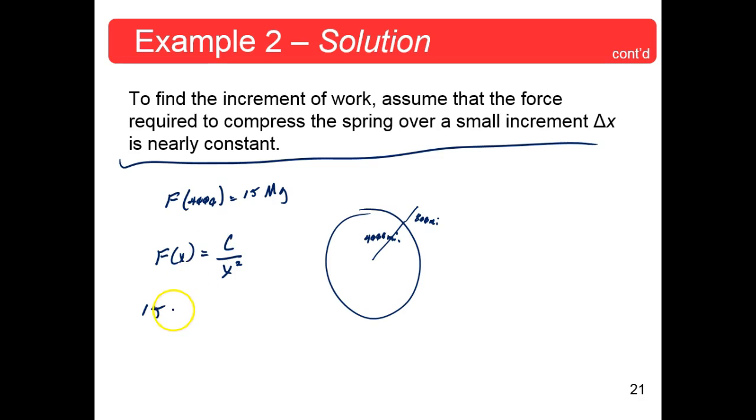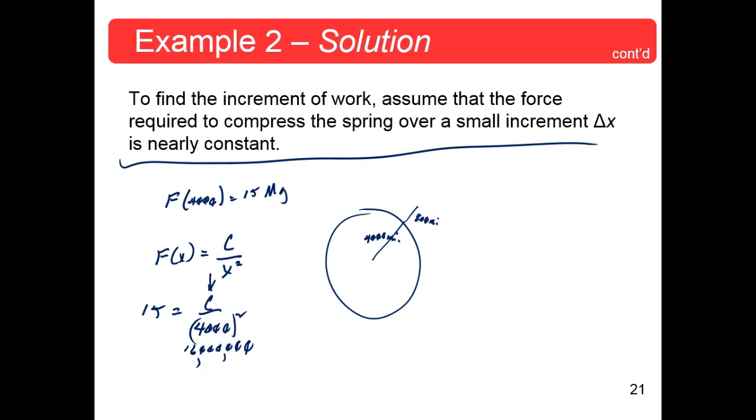So what they're saying here is 15 is equal to C times x squared, where x is the 4,000 squared. This is going to get you your constant of proportionality. Well, 4,000 squared is 16 million, because you square the 4, but then you double your zeros.